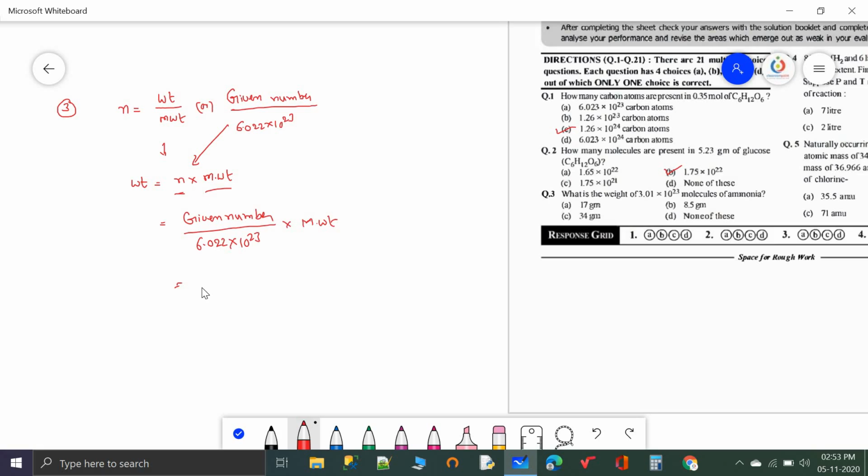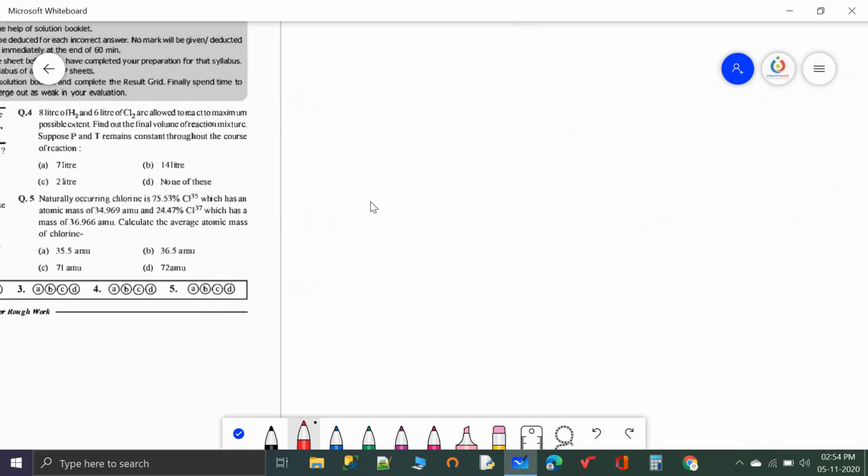So here given number is 3.01 into 10 power 23 divided by 6.022 into 10 power 23, into molecular mass of ammonia, which is 17. So it goes almost 2 times, and it goes almost 8.5 times. So weight of the substance is 8.5 grams. So option B is correct.